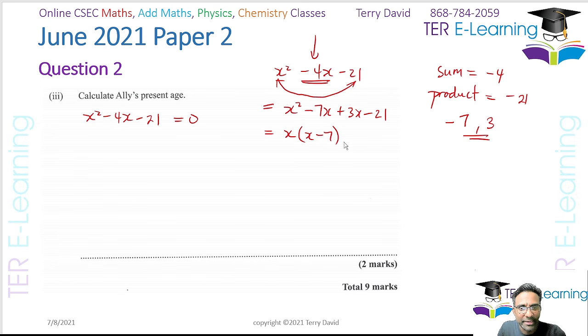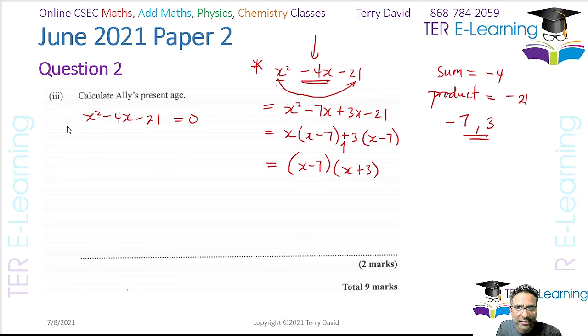I tell my students, don't put the sign here as yet. We have 3x and minus 21, so you can factor out 3, and this is going to be x minus 7. So the only way that can happen is if this is a positive sign. Therefore, when I factorize this, I'm going to get x minus 7 multiplied by x plus 3. So that's how we factorize this expression.